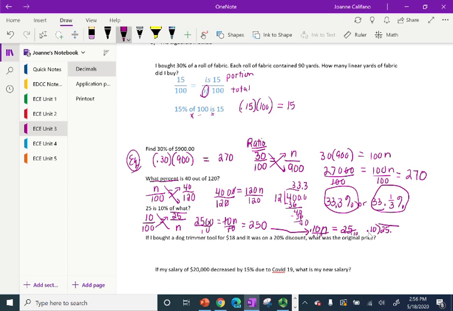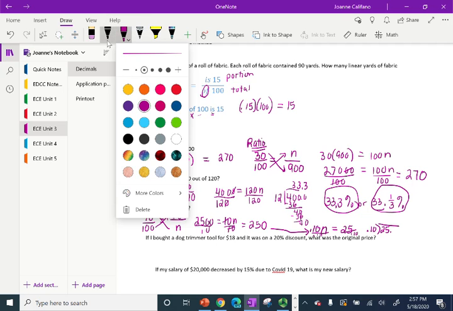I don't need that 0, do I? We don't need that 0. So 0.10 is the same as 0.1.